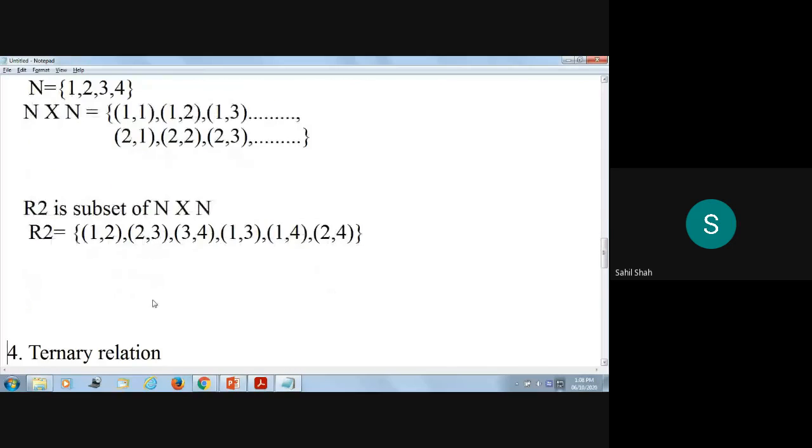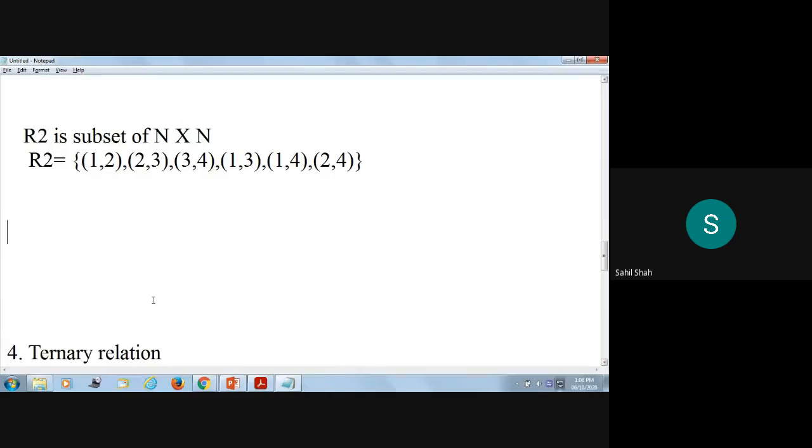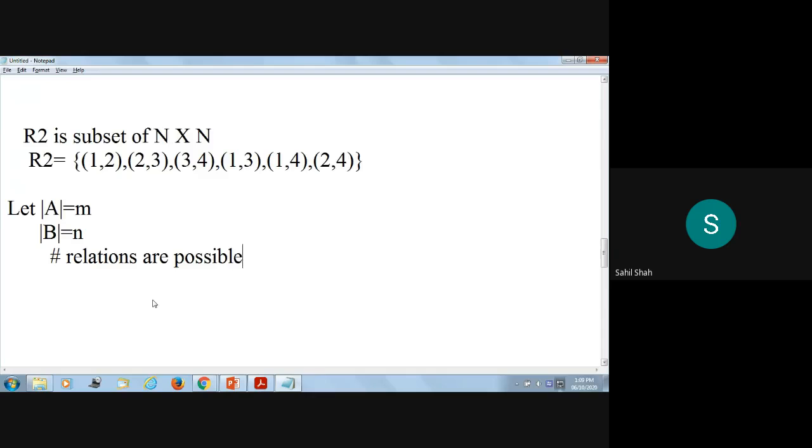Now I have again a question for you. Let the cardinality of A be equal to m. I'm talking about binary relations now. The cardinality of B is equal to n. Can you tell me how many relations are possible?